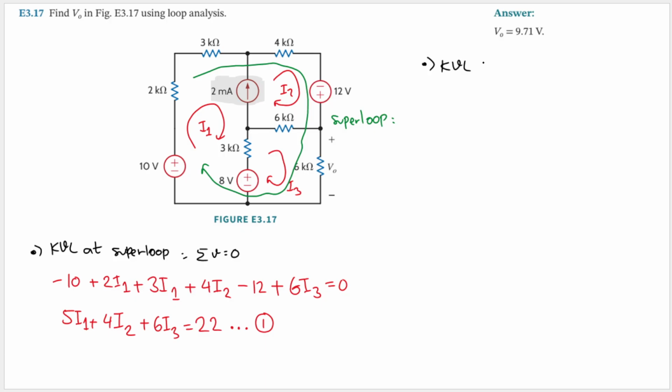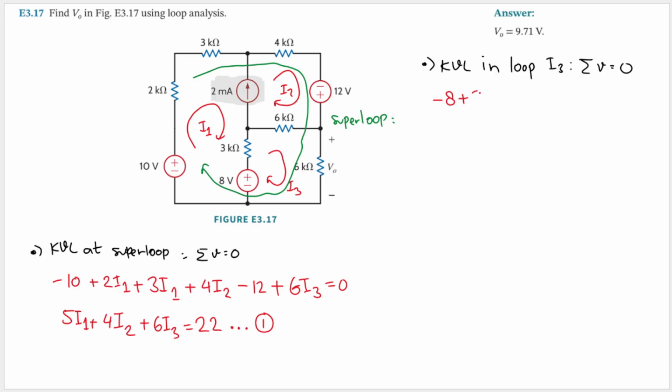KVL says that the sum of the voltages in a loop equals 0. We have this 8-volt voltage source, and the current is flowing from the negative terminal to the positive terminal, so we will have minus 8.